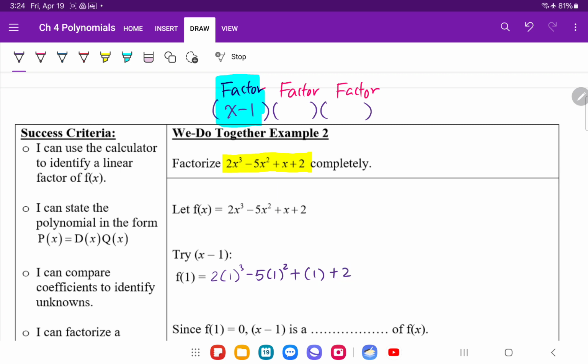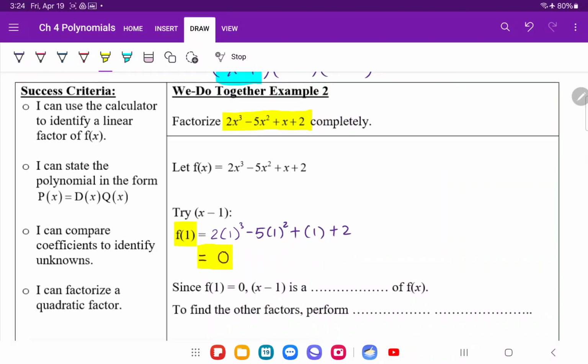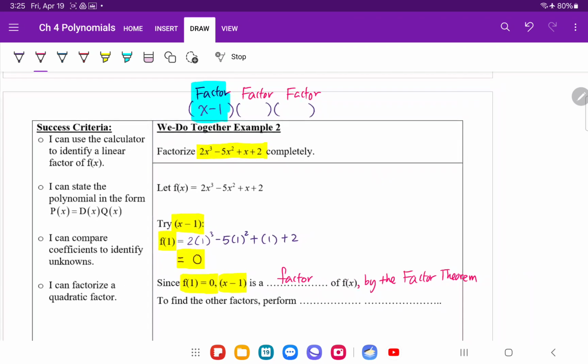If you press the calculator, indeed the value is 0. So what we have just established is f substitute 1 is 0. Since f substitute 1 is 0, the x minus 1 that we tried just now must be a factor, according to the factor theorem. Because of that, we have successfully found one of the factors, which is x minus 1.